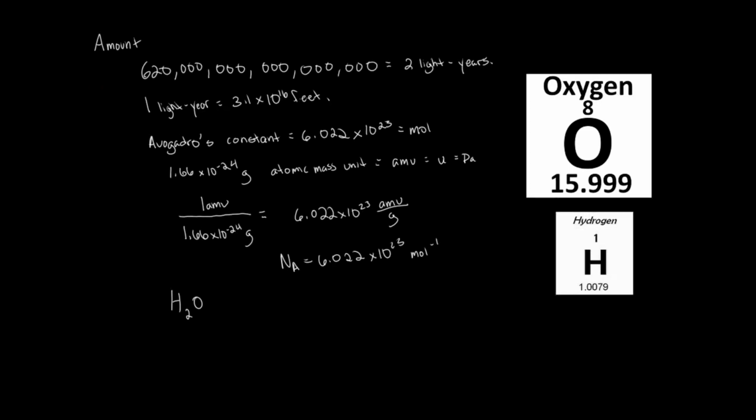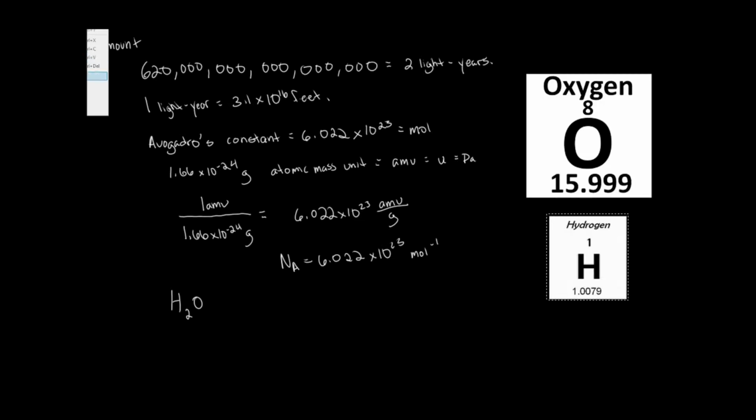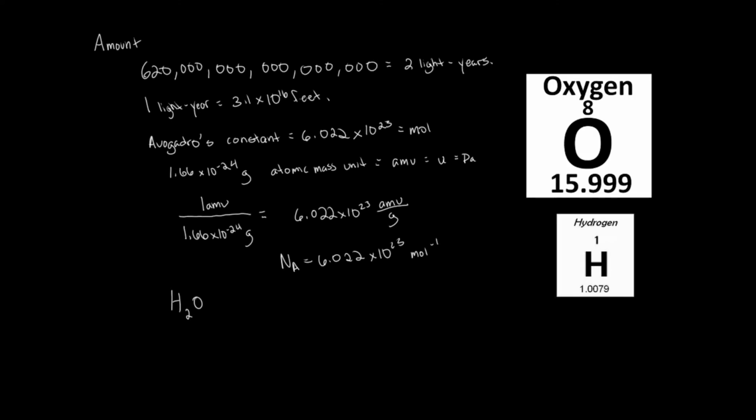All right. So we're looking at now oxygen and hydrogen. One of the things we have to notice here, and these were right off the periodic table, is this number here.